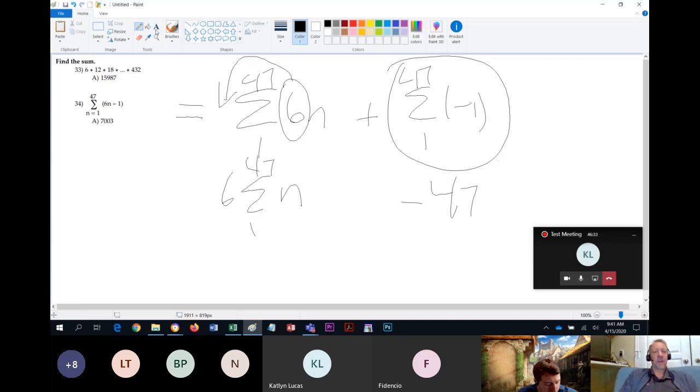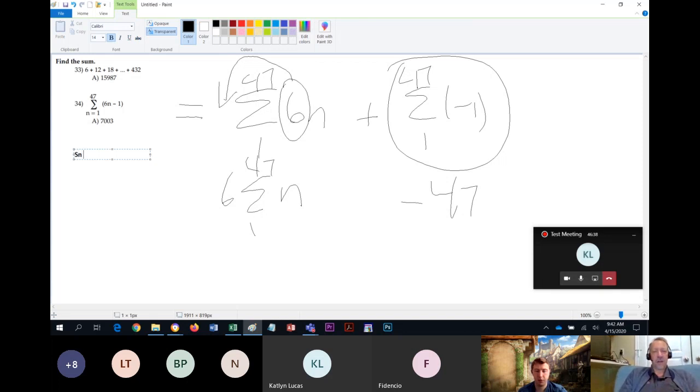Here, I'm going to type because my handwriting looks so bad. S sub n equals a over 2, a divided by 2, times a sub 1 plus a sub n. Okay?